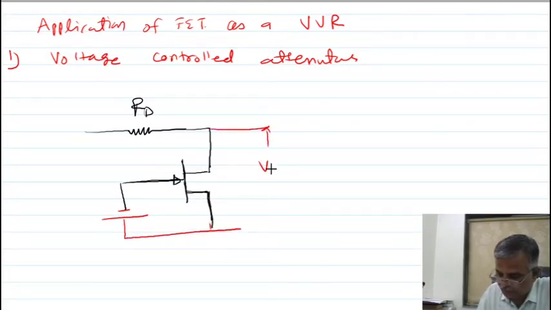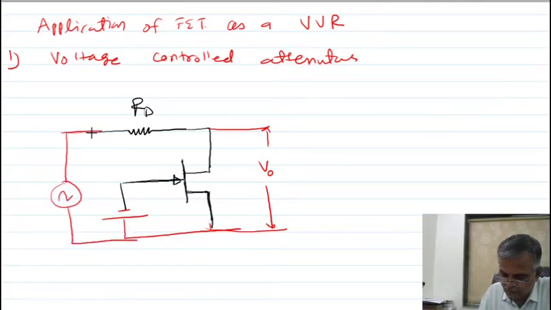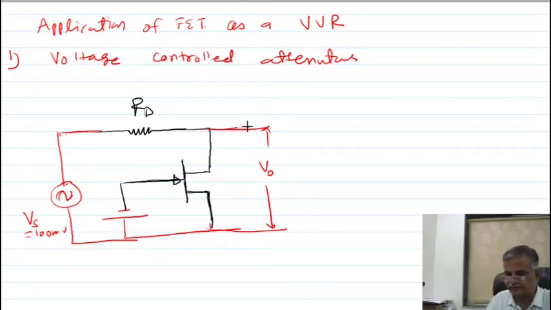Here I am taking the output voltage. Here I am giving your input signal. Just to explain, I am writing here a 100 millivolt input signal, your Vs. Now look here. You want to control the voltage at the output.